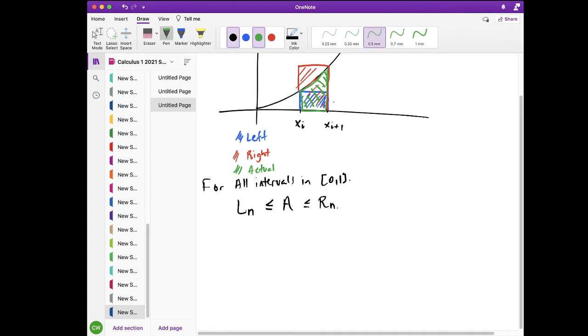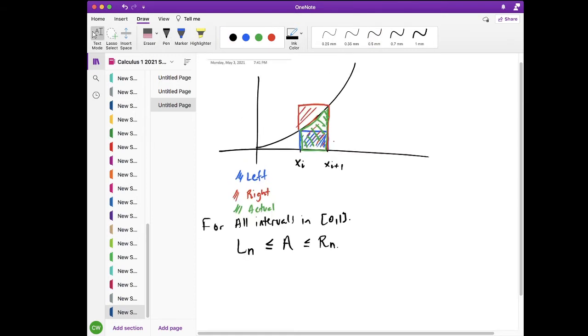All right, so the idea is, if this is true always, that whenever I take a left approximation and a right approximation for this specific interval, we'll generalize this, that the left for a specific n is always going to be less than the actual area, and the right for a specific n will always be greater than the actual area.